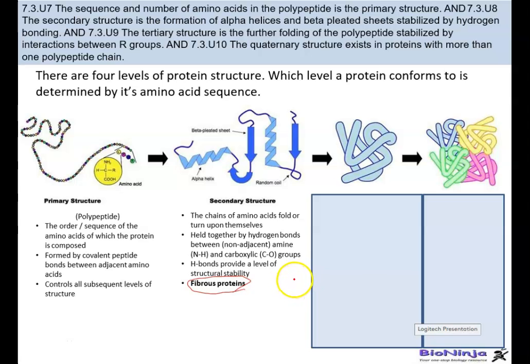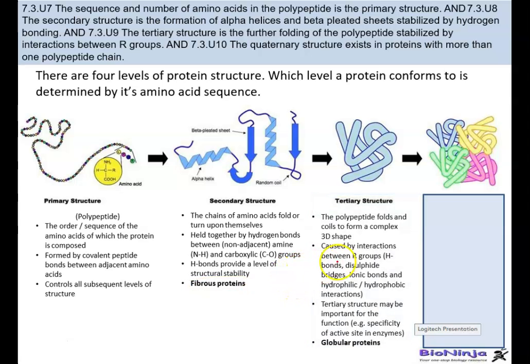What about the tertiary structure? In the tertiary structure, the polypeptide folds and coils to form a complex 3D shape. The interactions are between R groups, including H bonds, disulfide bridges, ionic bonds, and also hydrophilic and hydrophobic interactions.